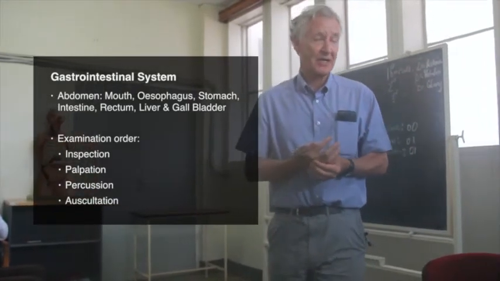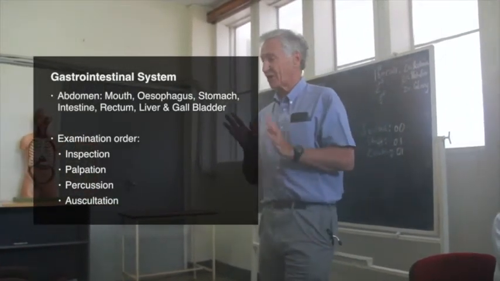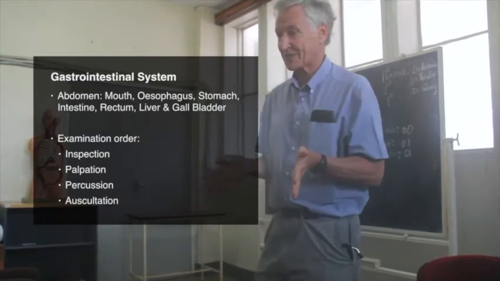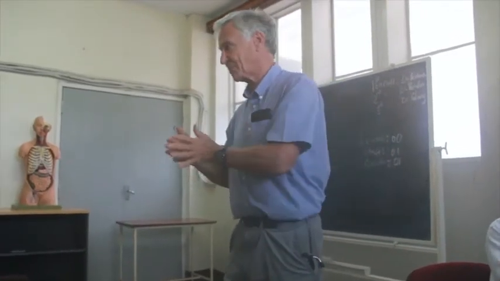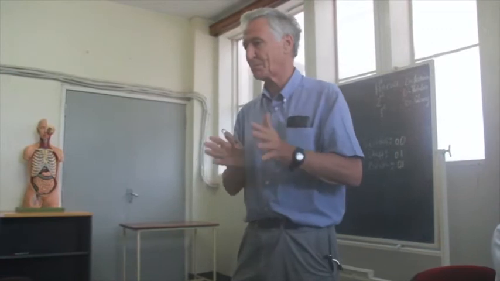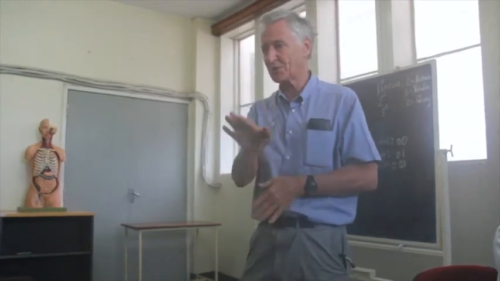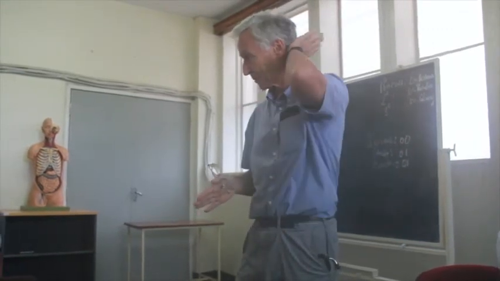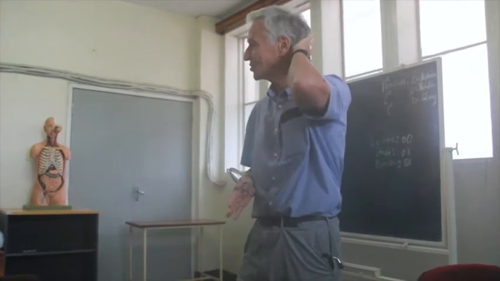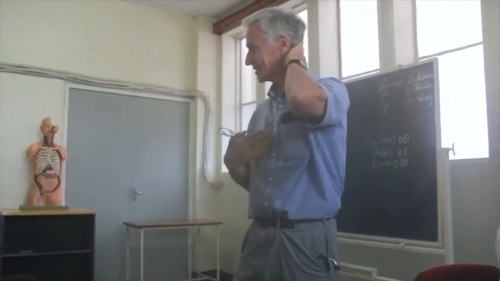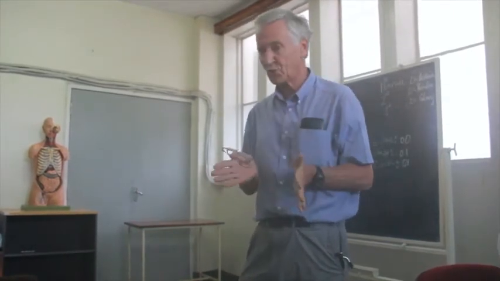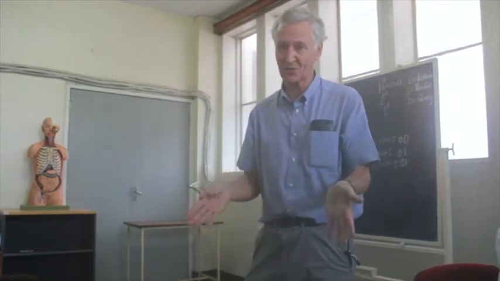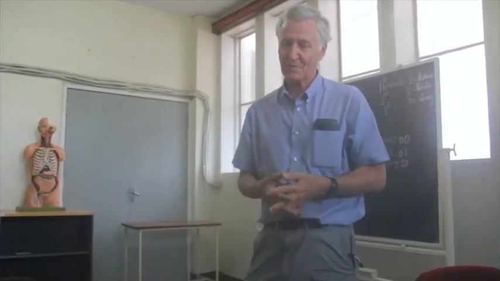The abdominal examination is going to, again, involve everything from the mouth to the anus, and is going to follow the same procedure. Inspection, palpation, percussion, auscultation. The patient is going to be lying flat, usually with a pillow under the back of their head, just slightly elevating their head from the bed to make them more relaxed. And you, as the examiner, are going to be seated on the stool beside the patient.